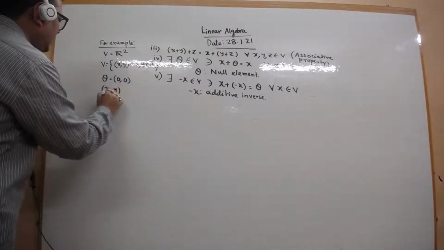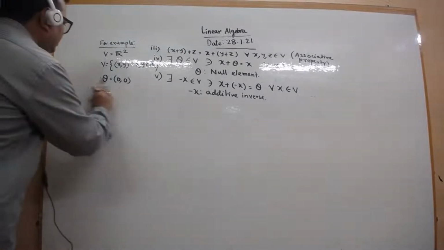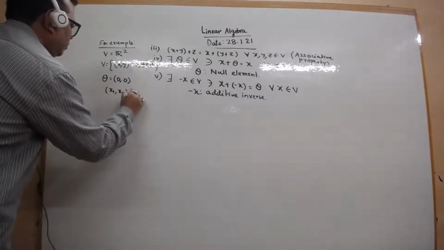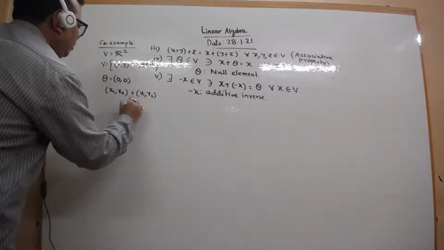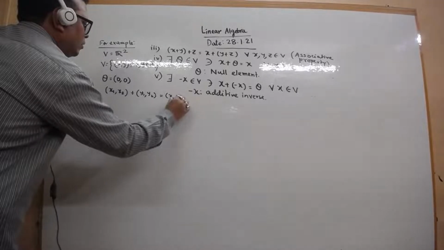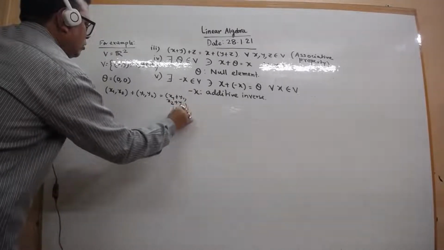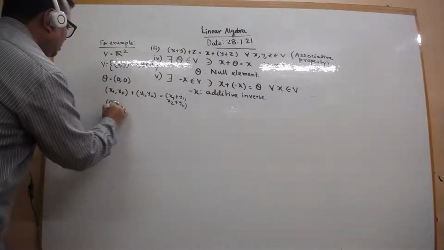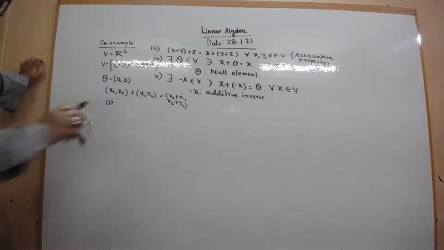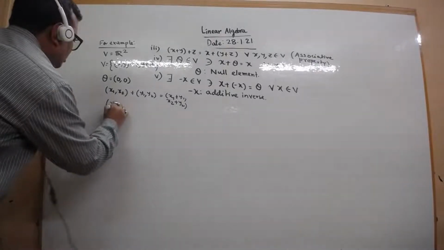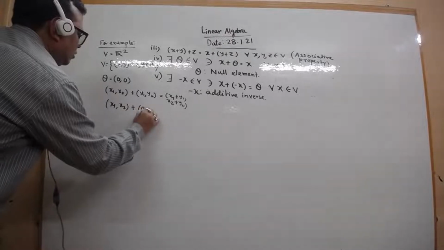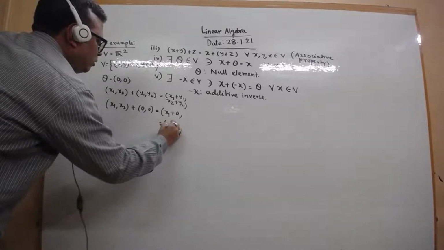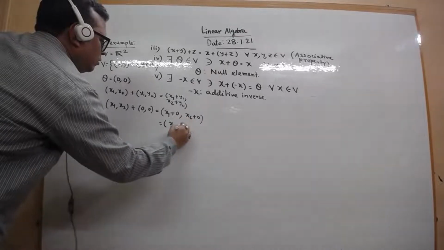So if you define addition as follows, then if you add (x1, x2) and (0, 0), you get x1 plus 0, x2 plus 0, which is x1, x2.